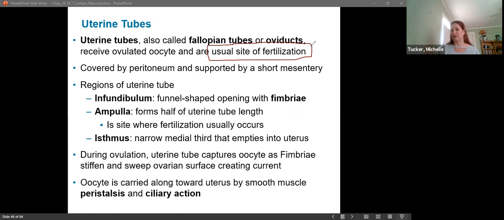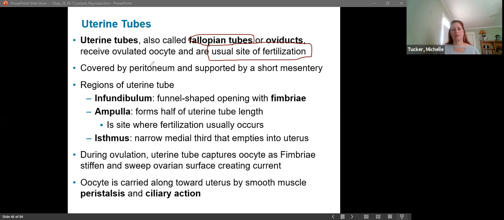It will probably be flushed through. So it needs a few days of development as it's traveling along those fallopian tubes. Occasionally, that's where you get an ectopic pregnancy, where it will try and implant in the fallopian tube, and there's just not enough support there for it to survive. But the fallopian tubes are the usual site of fertilization for a successful pregnancy.